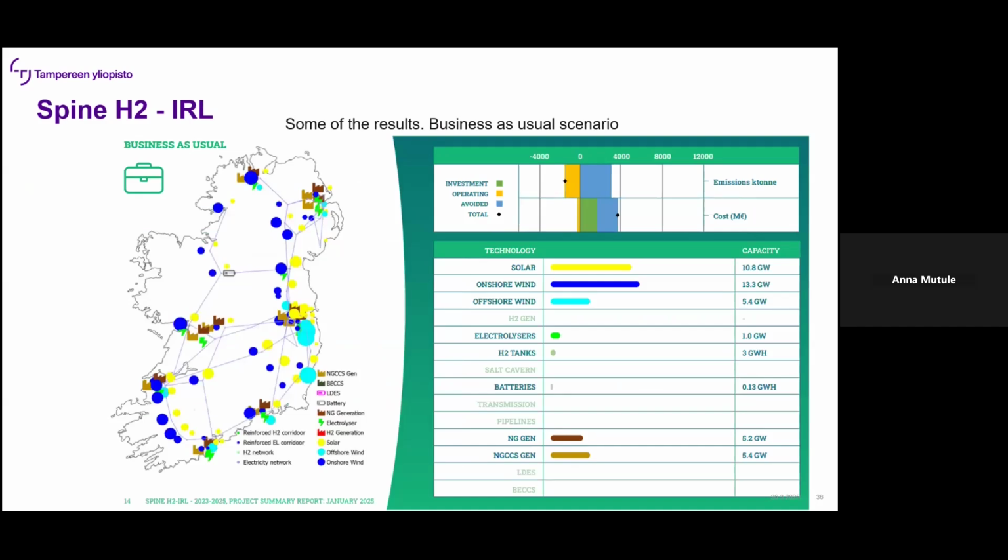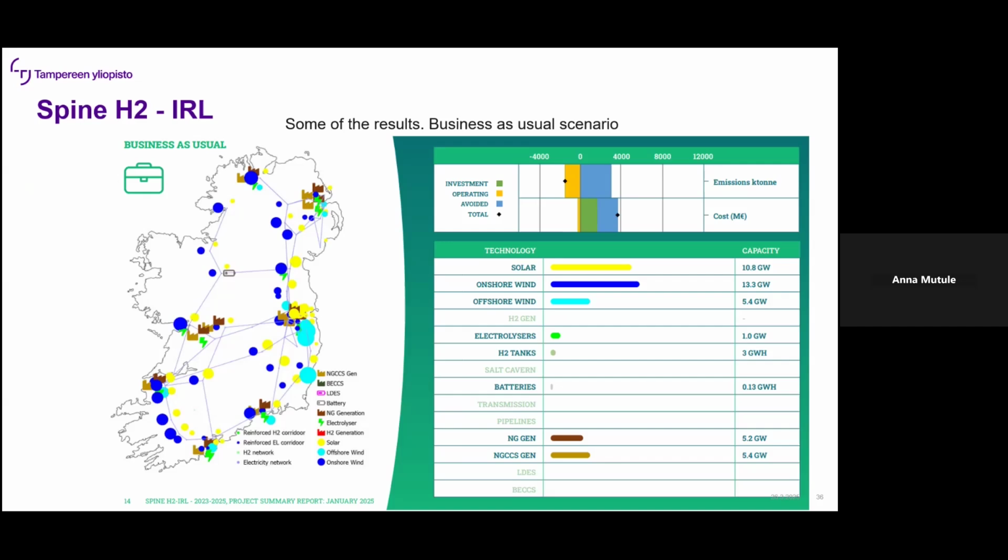In the business as usual scenario, investments are driven by carbon pricing with no net zero target applied. There are moderate investments in renewables and some hydrogen production. Hydrogen isn't used for electricity generation.